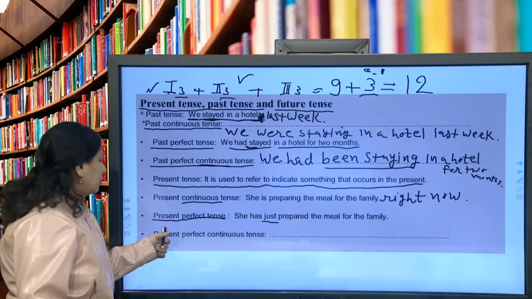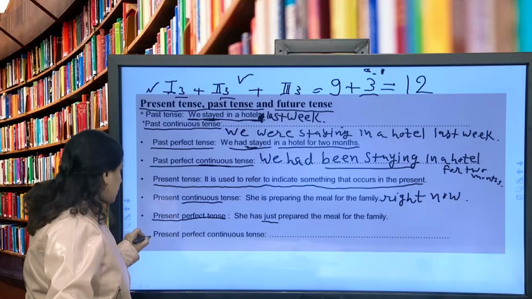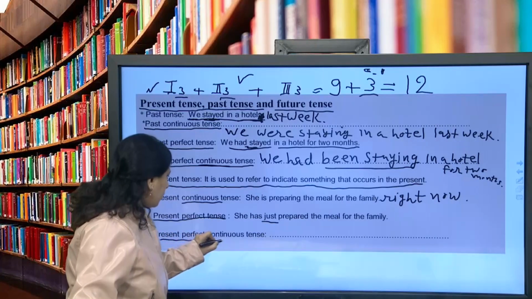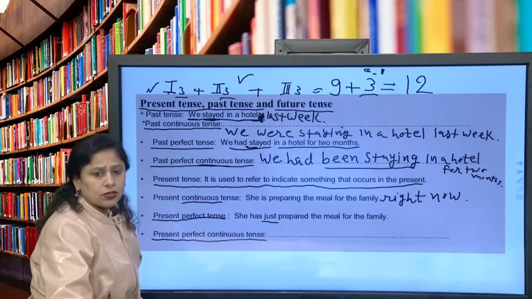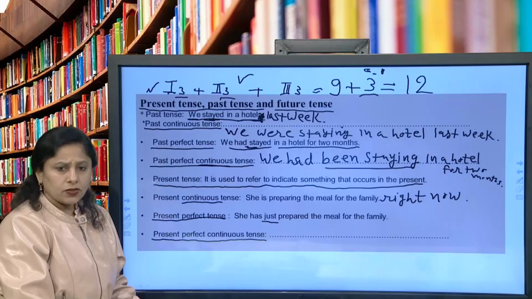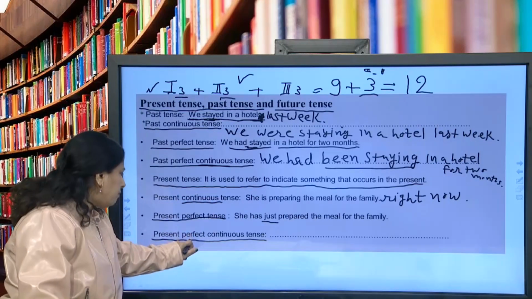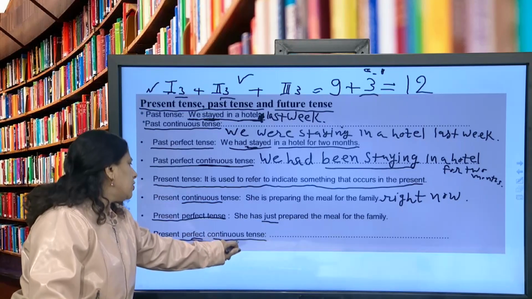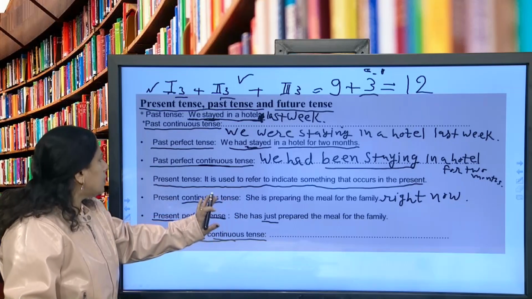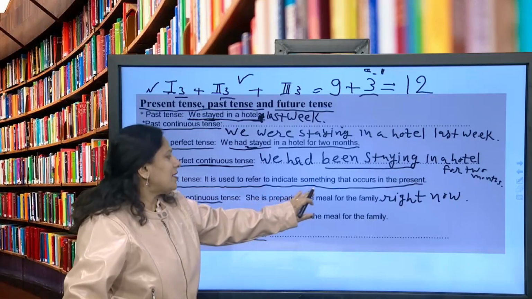Now present perfect continuous tense. Let's try to understand this particular term, present perfect continuous tense. What is that? The present perfect continuous tense shows the same sentence with the perfect tense and the continuous tense. As for example, there is the simple sentence in the present tense. She prepares the meal.